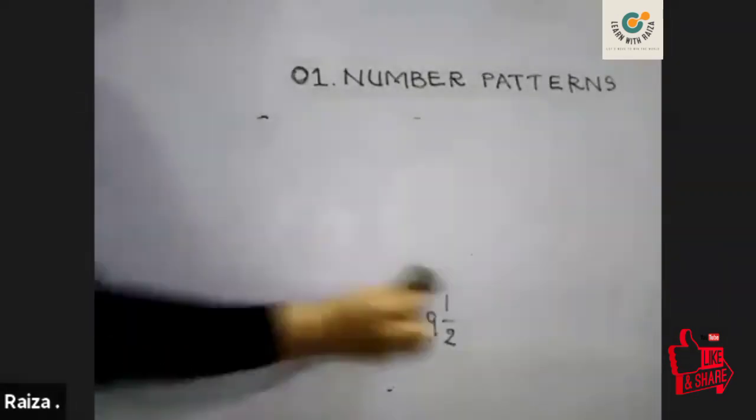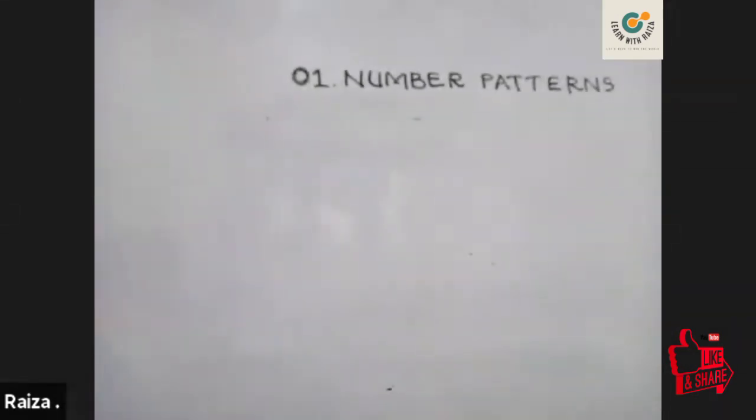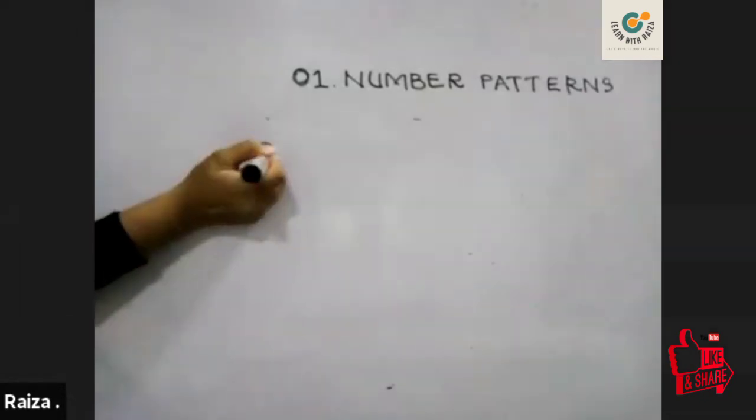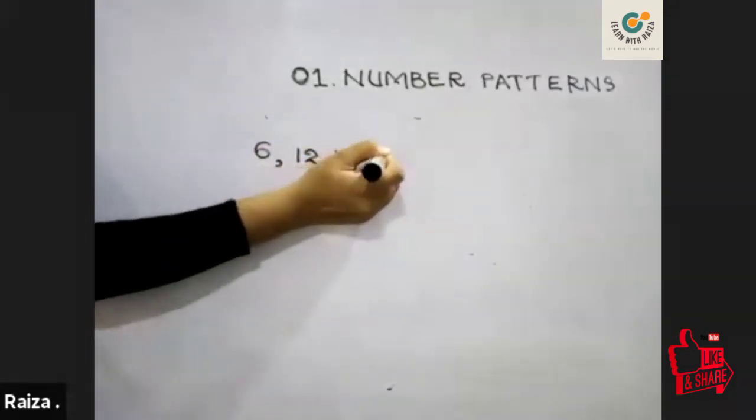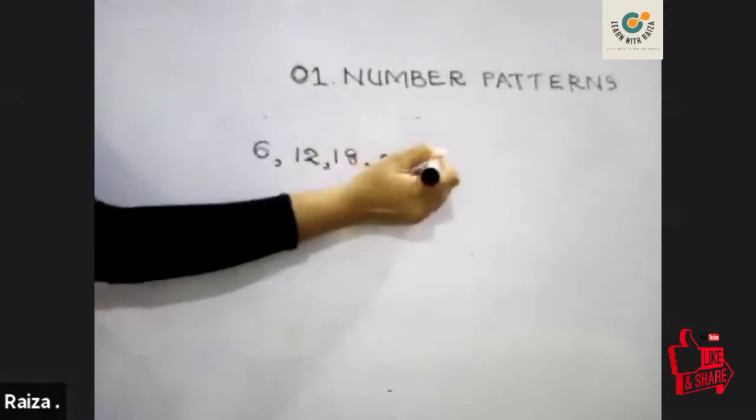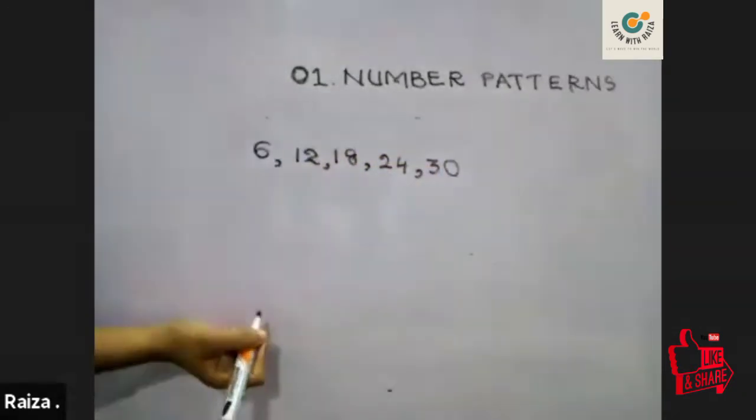Okay, now we'll go to our second part. That is, when they have given the number pattern, how can you find the general term? Now, that is called obtaining an expression for the general term. For example, let's take 6, 12, 18, 24, and 30. This is a very familiar number pattern for you. What is this?